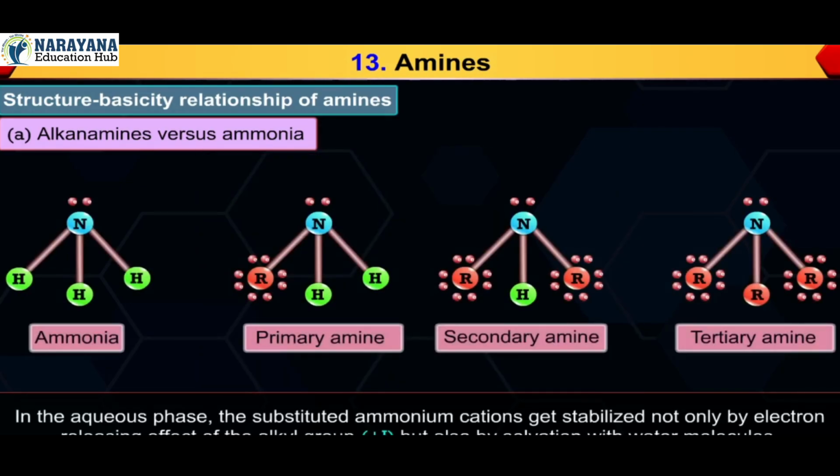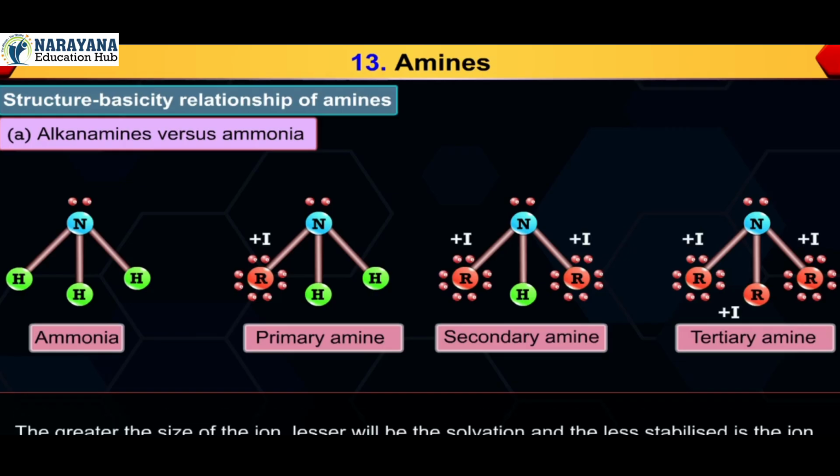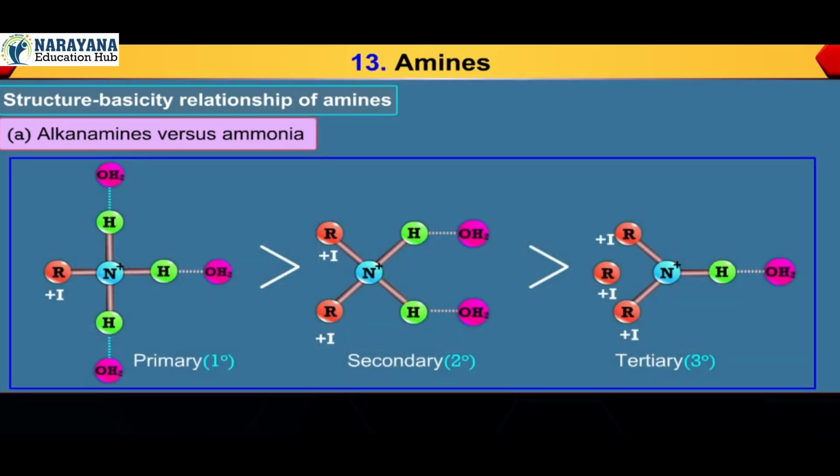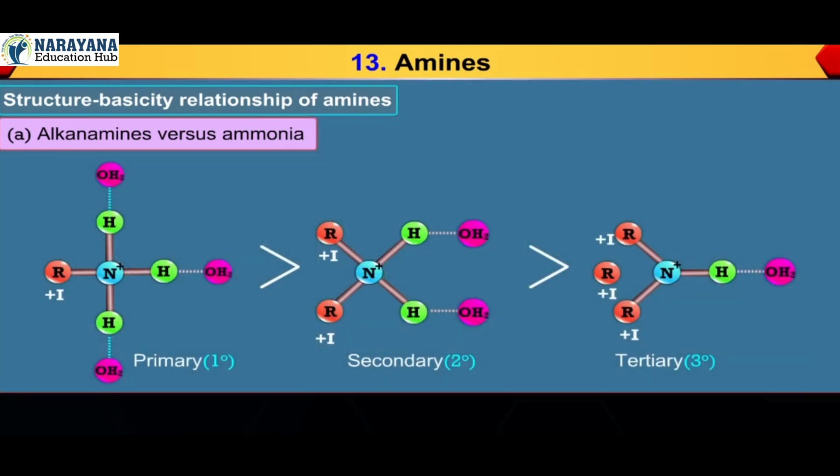In the aqueous phase, the substituted ammonium cations get stabilized not only by the electron releasing effect of the alkyl group, +I, but also by solvation with water molecules. The greater the size of the ion, the lesser will be the solvation and the less stabilized is the ion. The order of stability of ions is as follows: primary is greater than secondary is greater than tertiary.